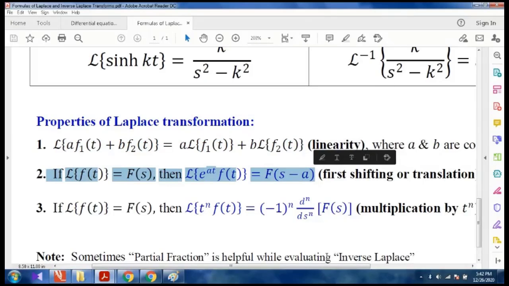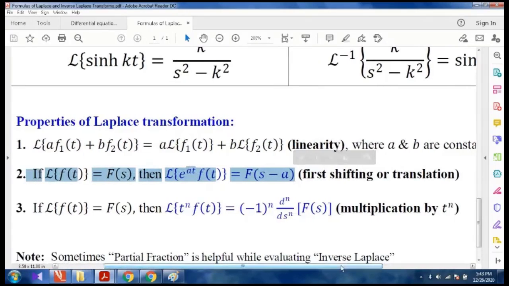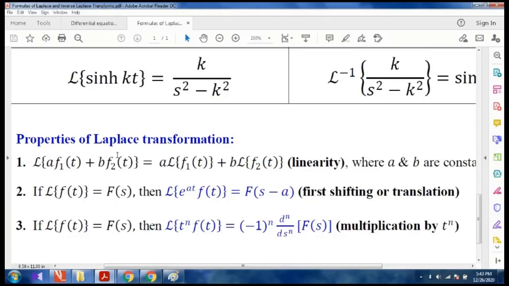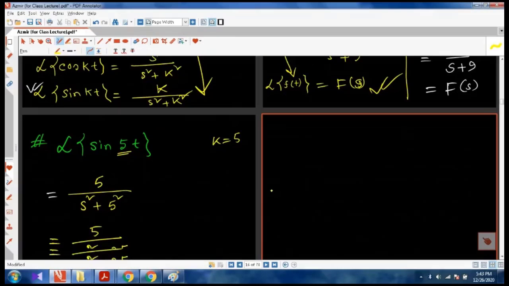This is called the shifting property or translation property. And the third one is called the multiplication by t power n property. So there are three properties by which we can solve some complicated problems.